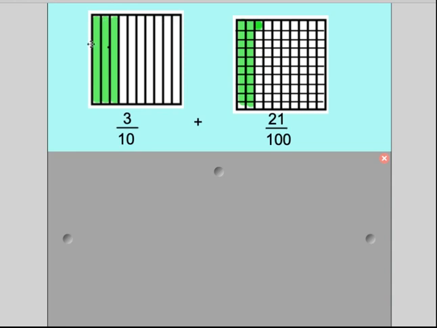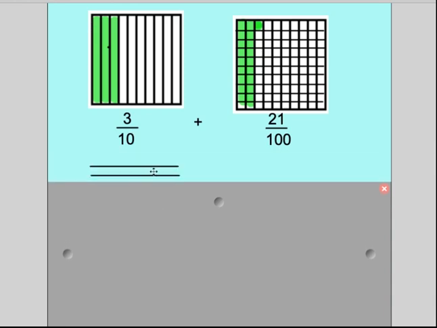The answer to that is yes, we could. So if we decided we wanted to turn this into 100 pieces, we'd have to make another 10 by 10 array, right? So we would be multiplying the 3/10 by 10/10. Okay, so let's see what that looks like.